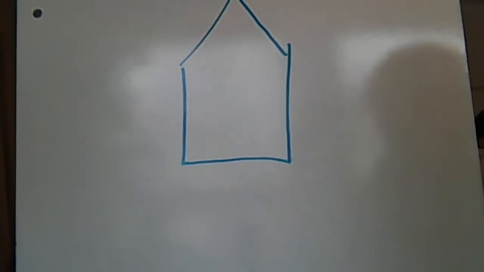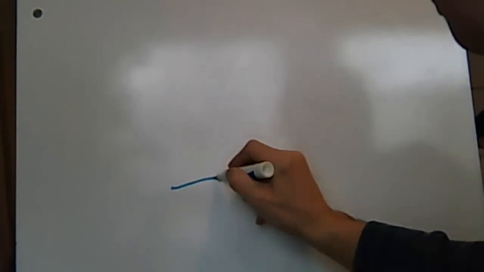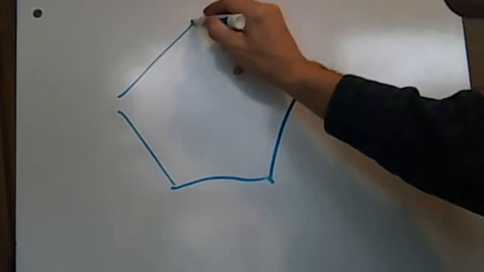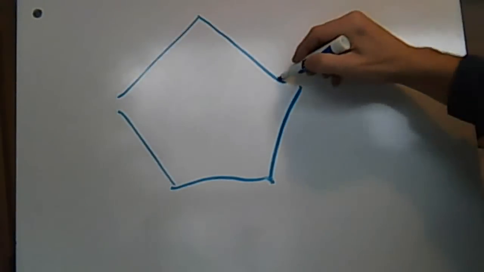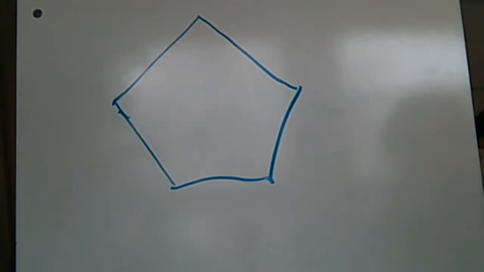The pentagon that we're going to talk about is called a regular pentagon. A regular pentagon is hard to draw exactly, but it looks like this. And it's like the building down in Washington, D.C. is called the Pentagon because it's shaped like a pentagon.